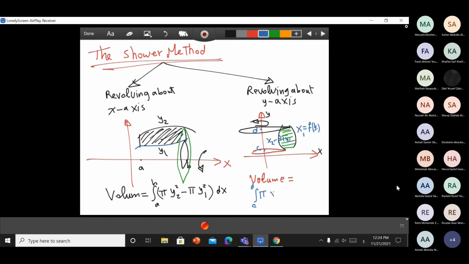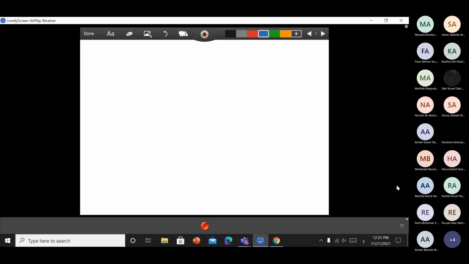So we have the volume of the outside one minus the volume of the inside one. And this will be easy. So it is exactly like two volumes subtracted from each other to give you the volume between the two curves by rotating the area between the two curves. Let's have an example for this.